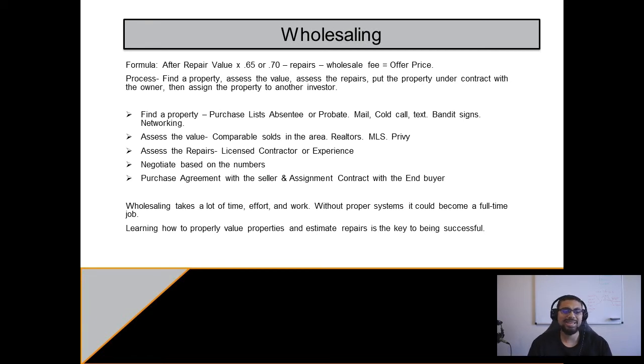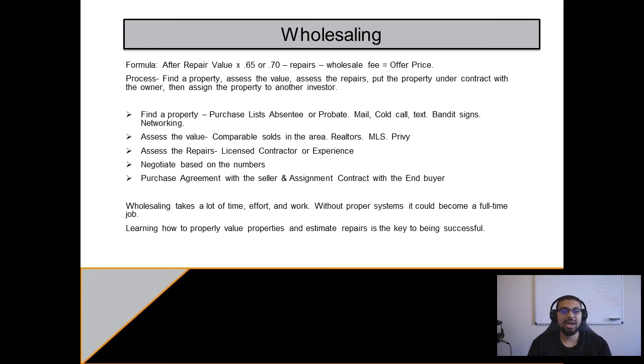Now, let's assess the value. How much is this property worth after I fix it up or after it's been fixed up? How do you find that out? You find the value by comparing the sold properties in the local area. And there's a science behind it, so we're not going to go deep into that, but that's what you do.